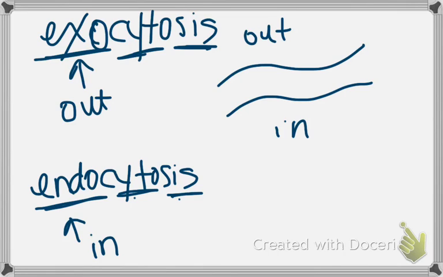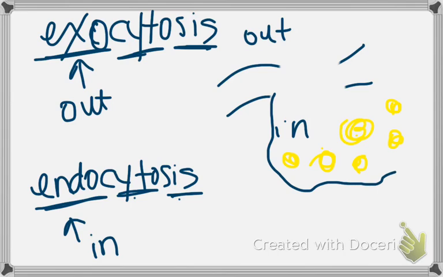What it's going to do, so let's draw some particles. I've got big O particles. They can't even go through a protein. What the cell membrane's pretty much going to do is take a part of itself and start forming a vesicle or a bubble.